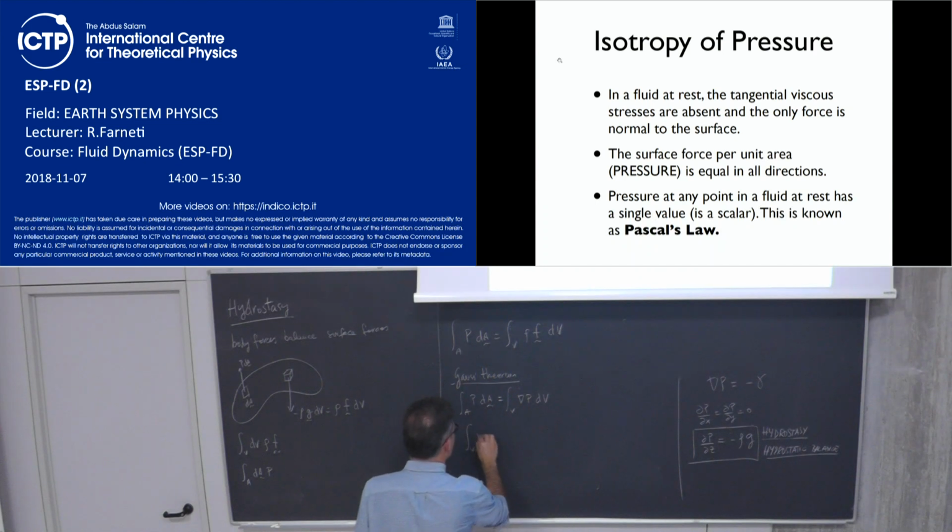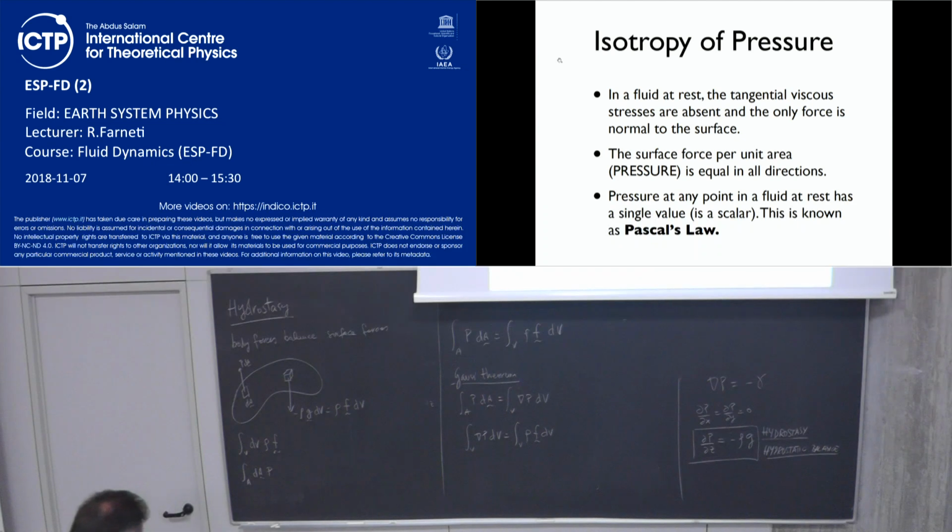So now this is going to be equal to this in static conditions. Is equal to 0. Okay.